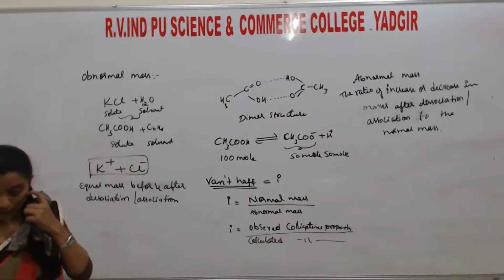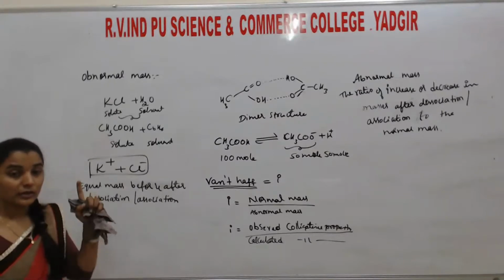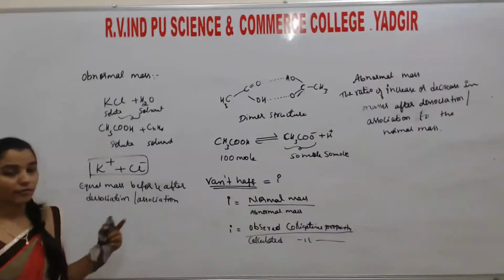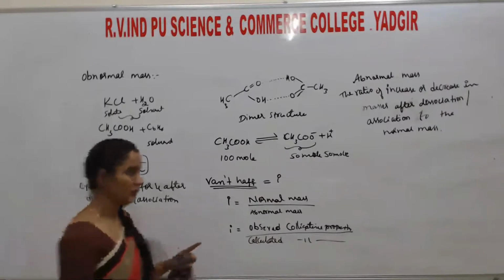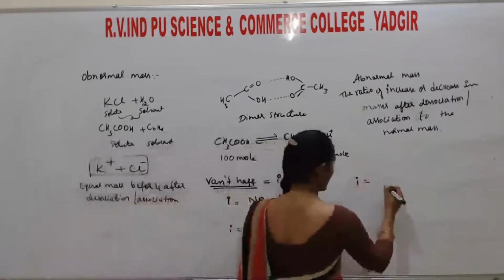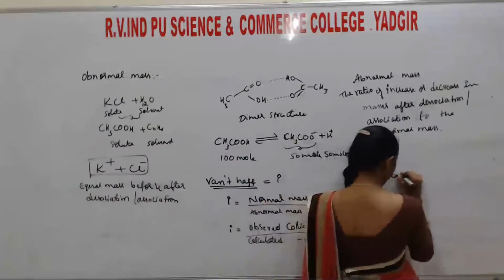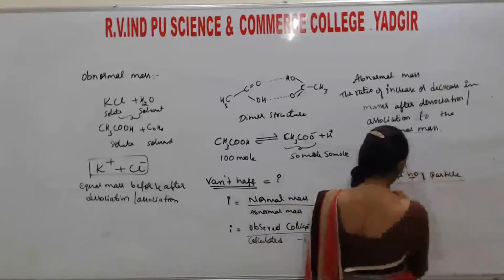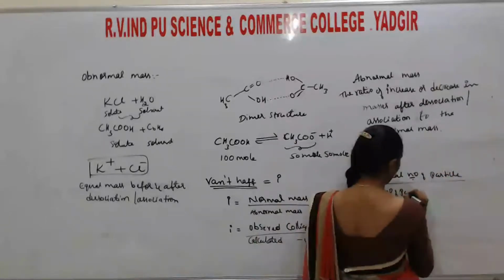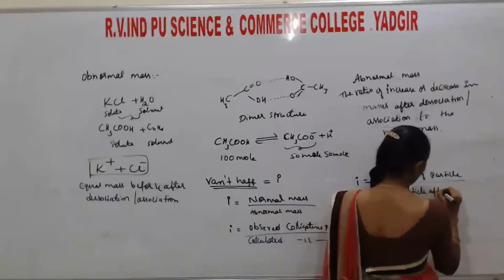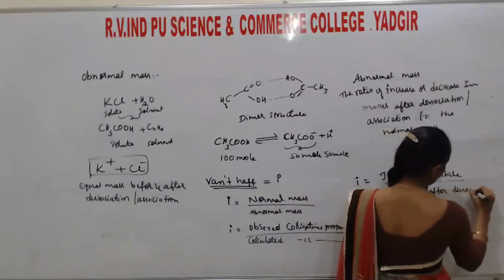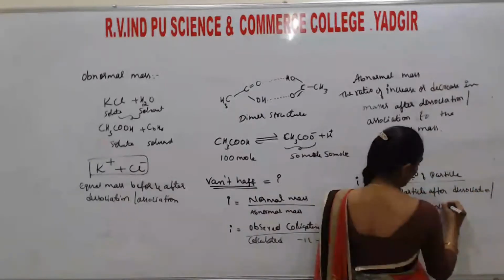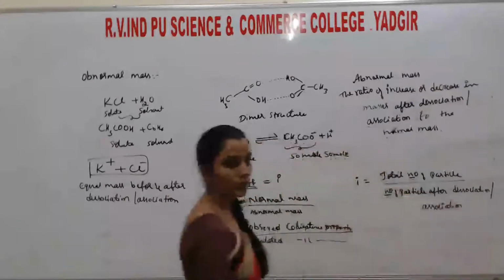Also, you can say i is the total number of particles before association or dissociation divided by the number of particles after association or dissociation.